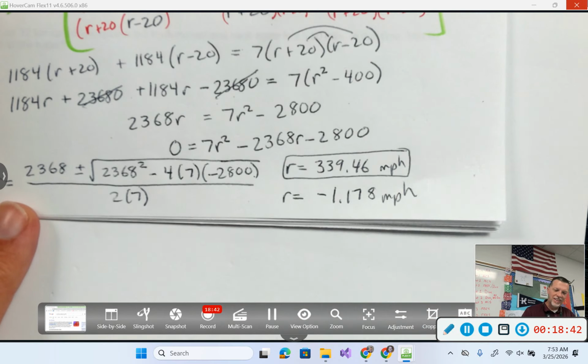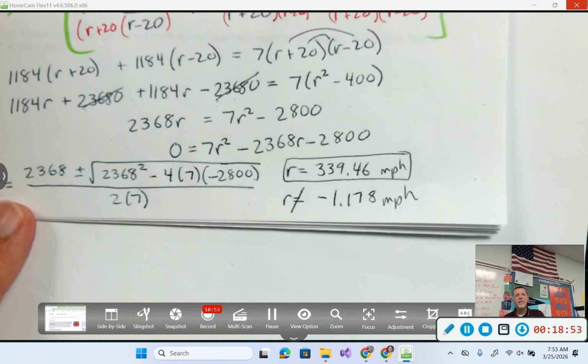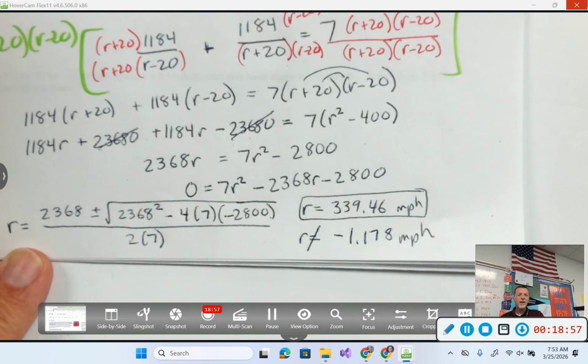I don't think going backwards 1 mile an hour is going to accomplish anything here. So that would be an extraneous solution. The math got us there, but in the context of the problem, that doesn't make sense. That happens when we do quadratics.